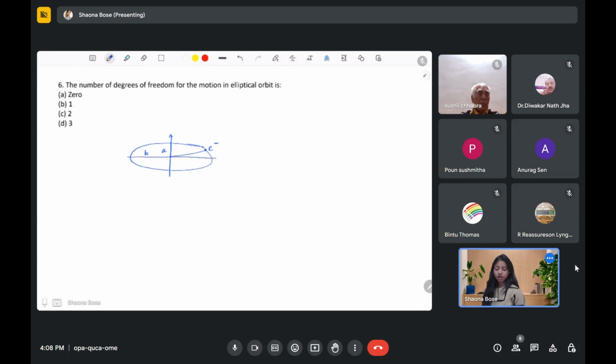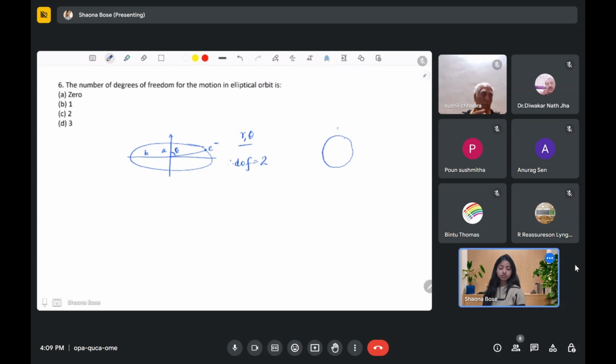For an ellipse, you have A and B axis, and of course you have theta. So r and theta, these are the coordinates which can change. Therefore the degrees of freedom is 2.